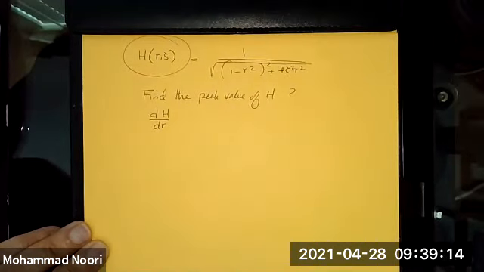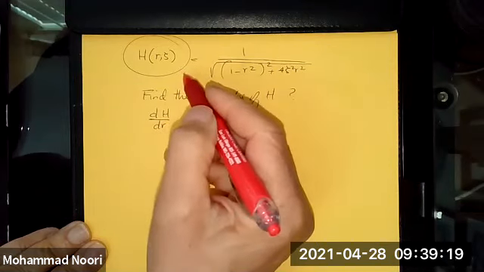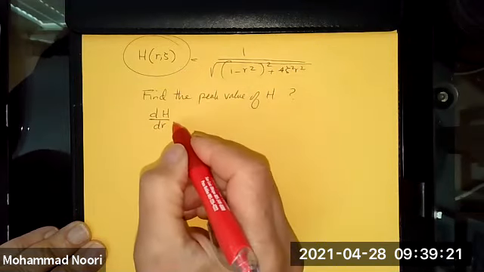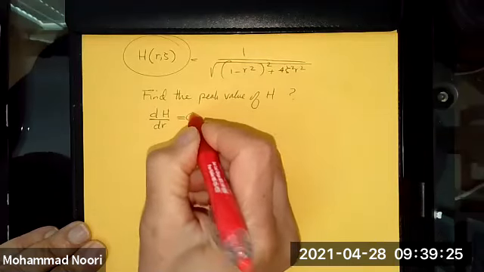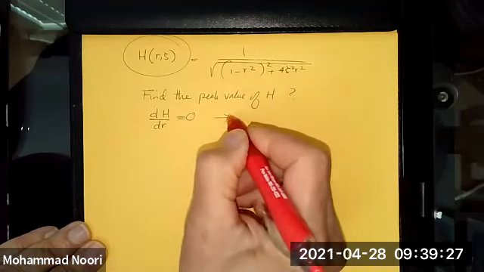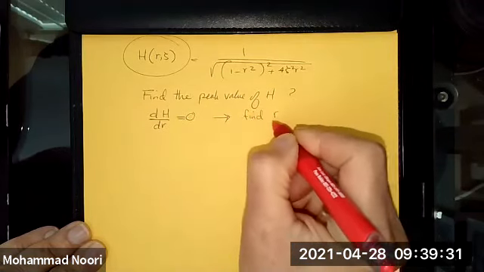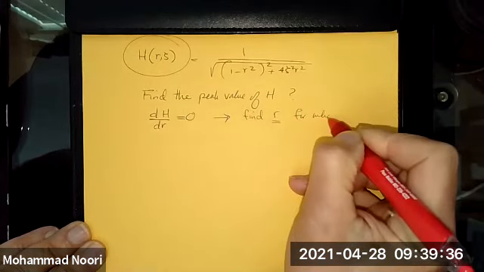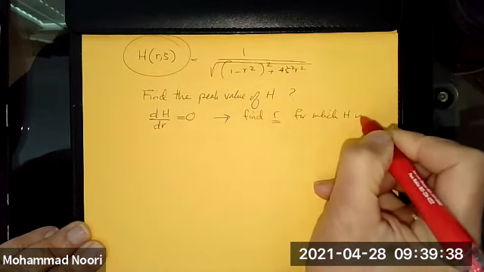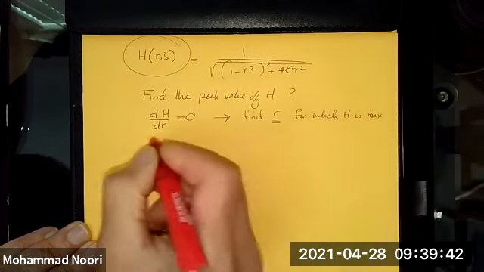So we need to take the derivative with respect to R, equate that to 0, so you find the R value for which H is maximum, right?